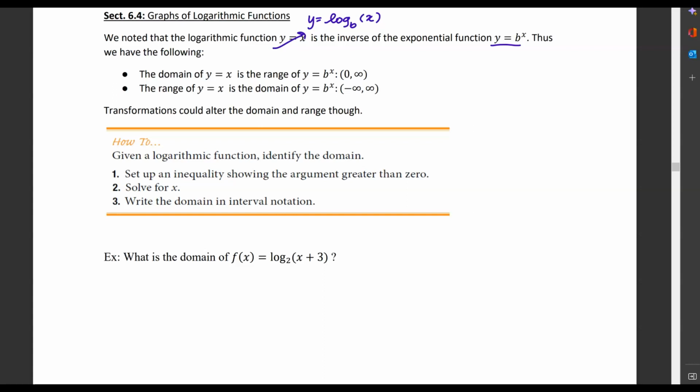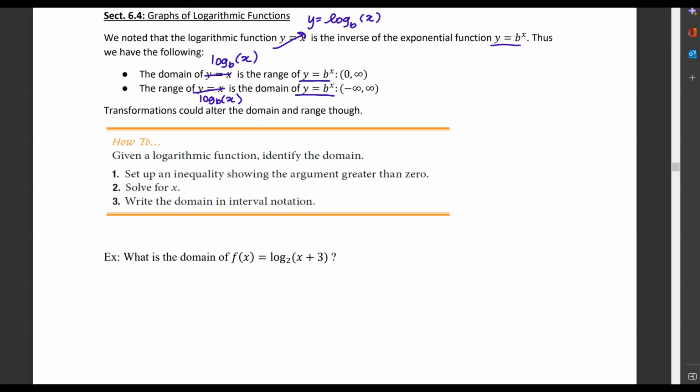Thus, we have the following. We know that the domain of log base b of x is the range of y equals b to the x, and because they are inverses, they switch. The range of log base b of x is the domain of y equals b to the x.